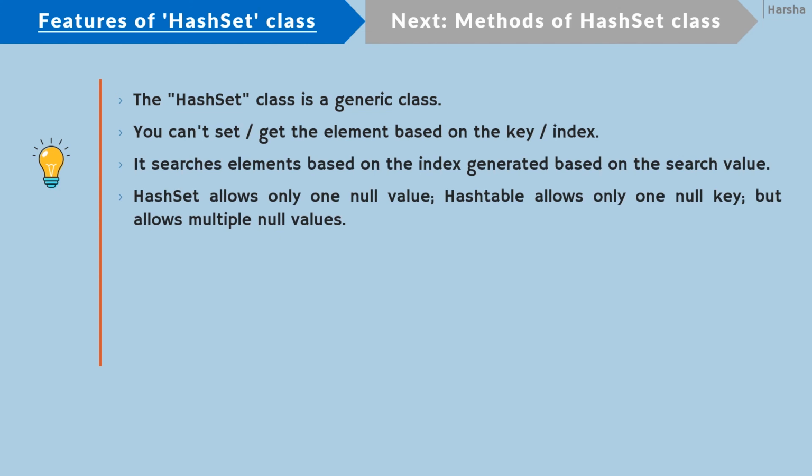So when you are searching for a particular value, it finds out the hash code of that value, and based on the hash code, the index will be calculated and the value will be searched at the exact index instead of performing linear search.